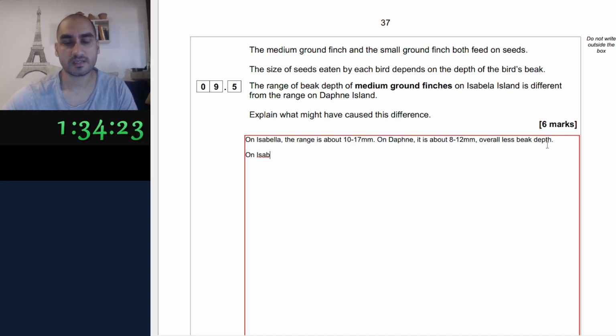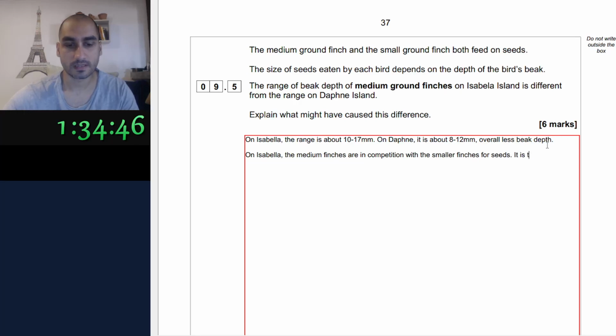On Isabella, the medium finches are in competition with the smaller finches for seeds.